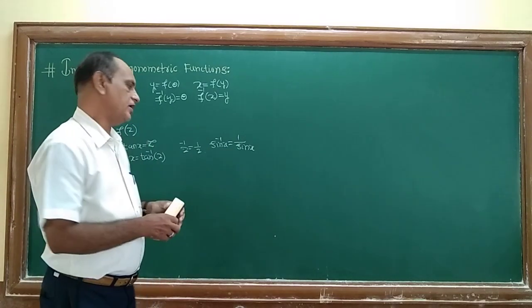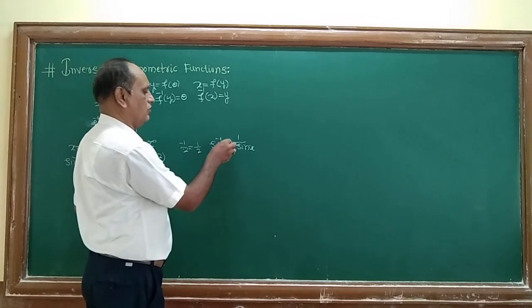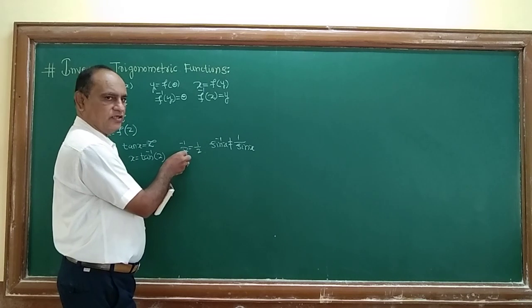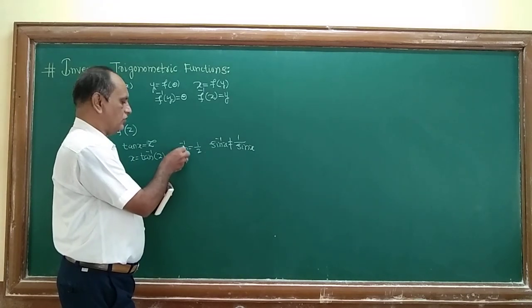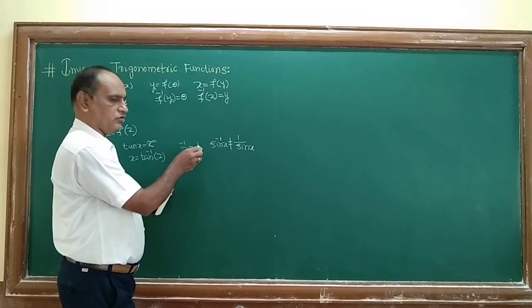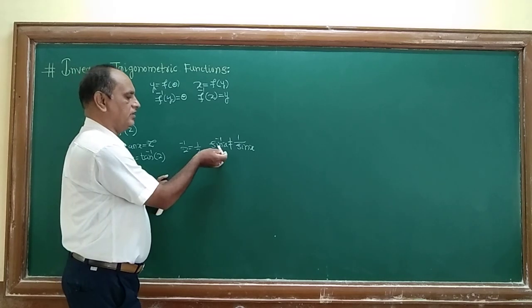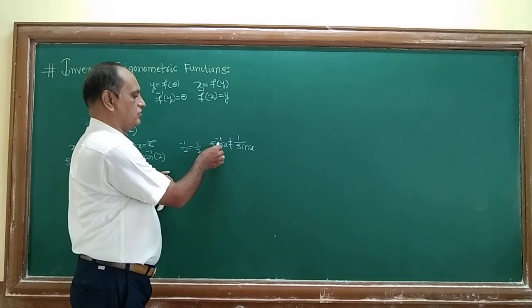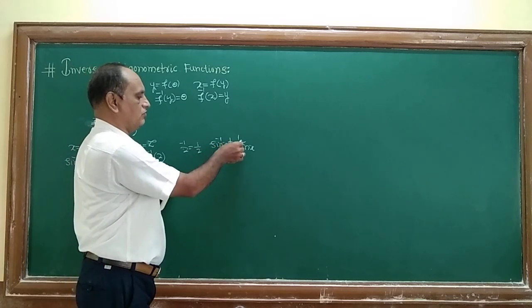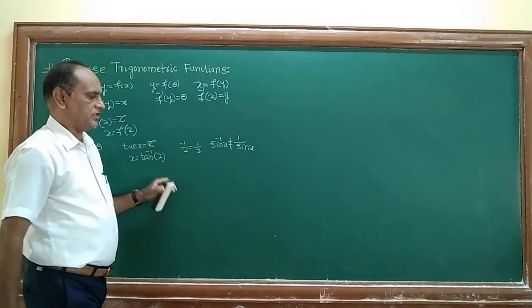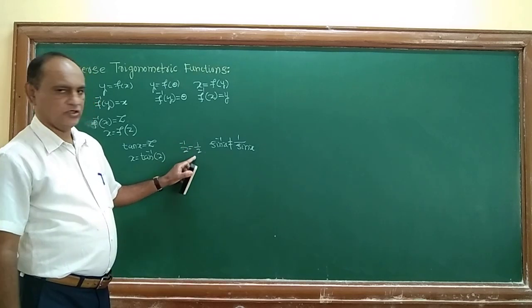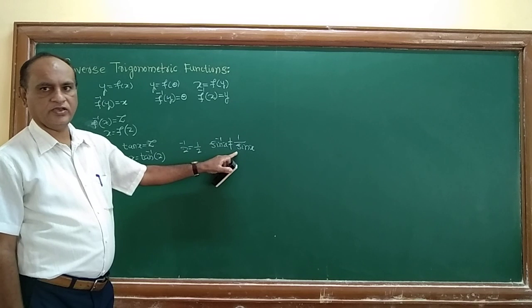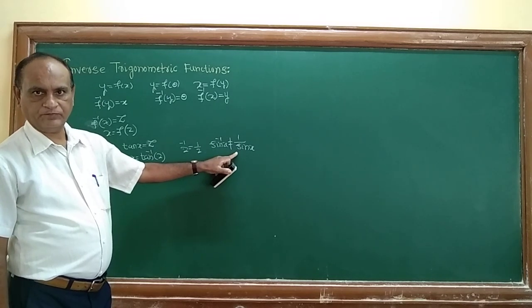So clearly sin inverse x is not equal to 1 divided by sin x. Here 2 is a simple number, so 2 raised to minus 1 equals 1 by 2 can be written. But here sin x is a function, so sin raised to minus 1 is not equal to 1 by sin x. Since it is a number, 1 by 2 can be written. Here, since it is an inverse, it cannot be written as 1 divided by sin x.